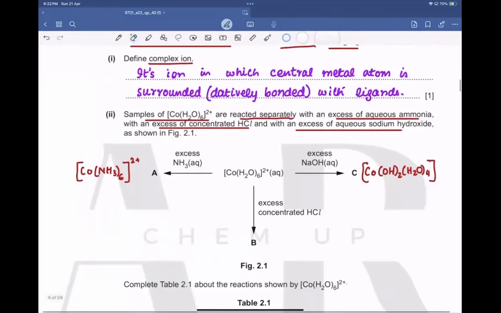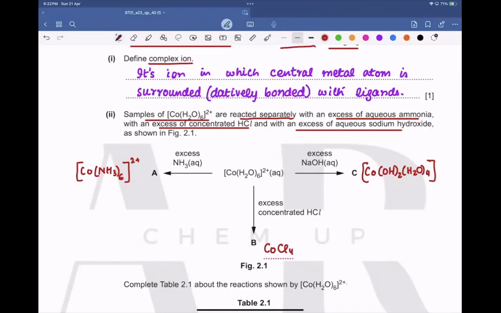Okay. Now, if you recall, when we react with hydrochloric acid, chloride acts as a ligand, and all of the water are replaced by 4 chloride ions.